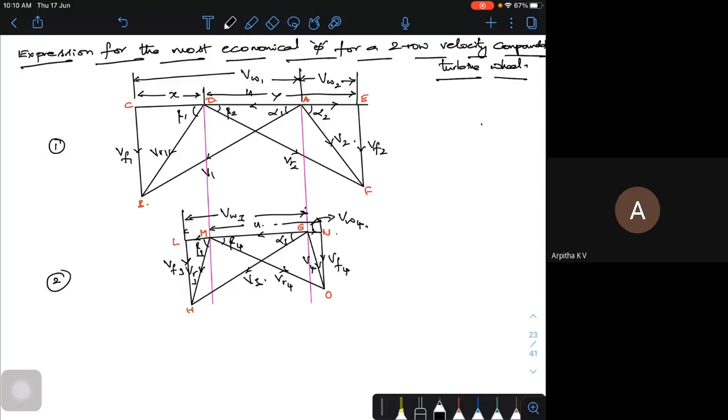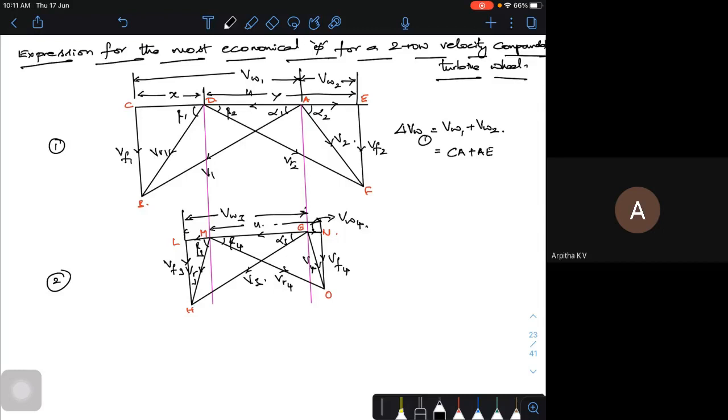Now, if I consider the first case, see here, what is your delta VW for the first row? It's actually VW1 plus VW2 because VW2 is in opposite direction to VW1. So this is VW1 plus VW2, that is CA plus EA. Now, if I come to the second row, I have the same, VW3 plus VW4.